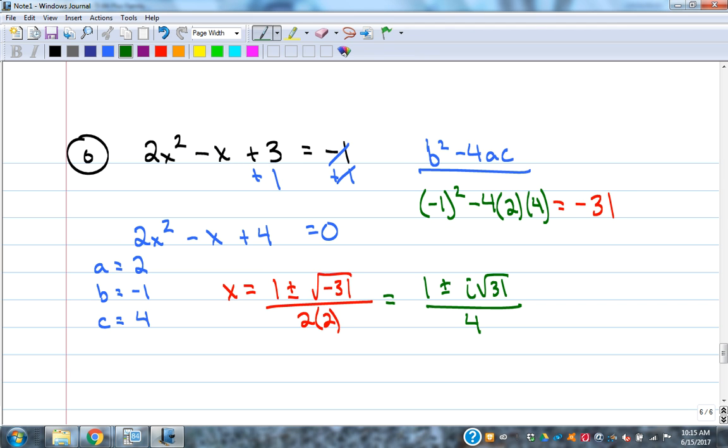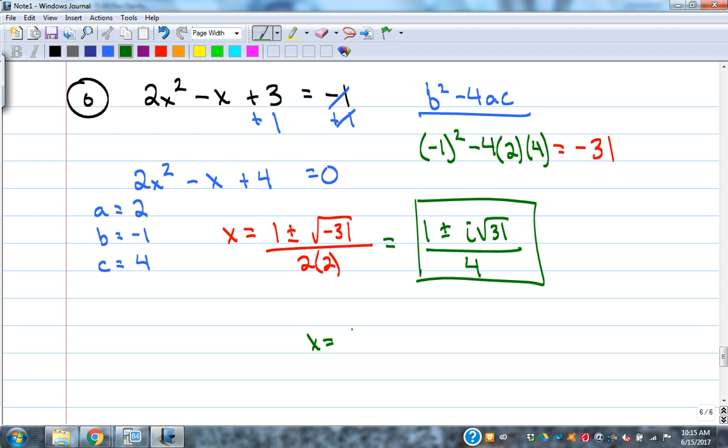So these are our two answers. 1 plus i radical 31 over 4 and 1 minus i radical 31 over 4. If you wanted to write it as two separate answers, that would be the only other thing that you could do to this problem.